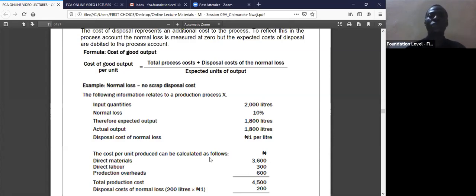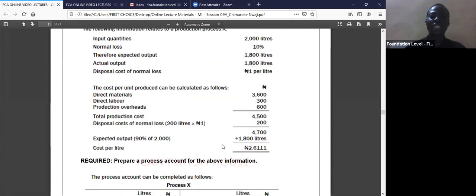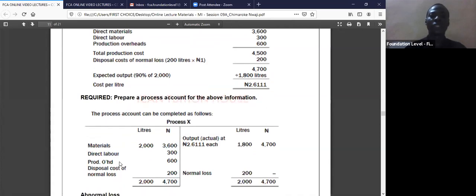So you may need to dispose of it. That disposal cost will now become an additional expense on the company. And so you will have to increase the cost of the process with the disposal cost of normal loss. So disposal of normal loss does not have units here. It's how much you spend in disposing of the units. But you will still come here and put your normal loss units.